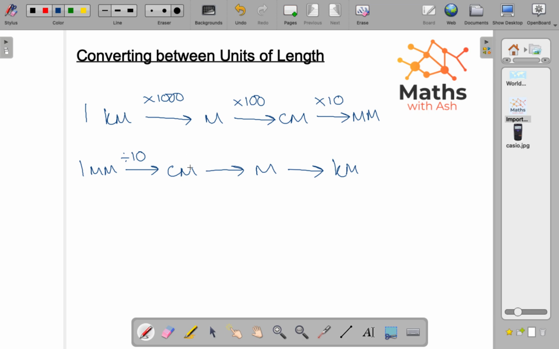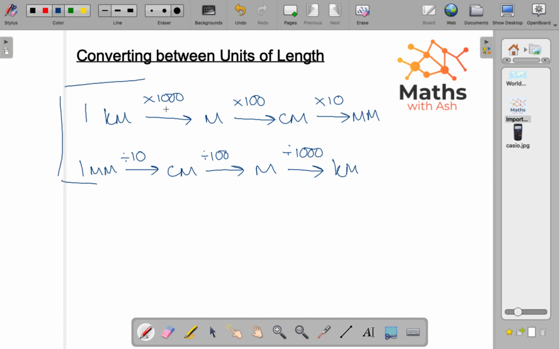To go from centimeters to meters, we divide by 100, because a centimeter is 1/100th of a meter. To go from meters to a kilometer, we divide by 1,000, because a meter is 1,000th of a kilometer.